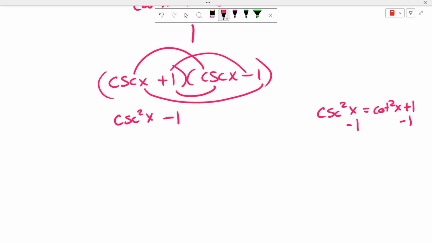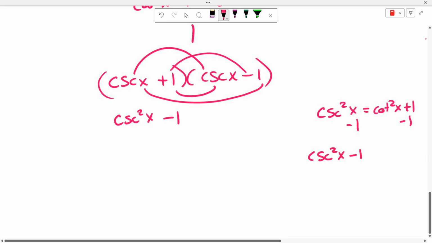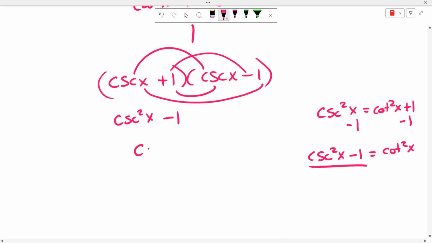Just subtract 1 from each side? Yeah. So if we subtract 1 from each side, cosecant squared of x minus 1 equals cotangent squared of x. Right? Hey, this is the same as this, right? So I can replace this with cotangent squared of x.